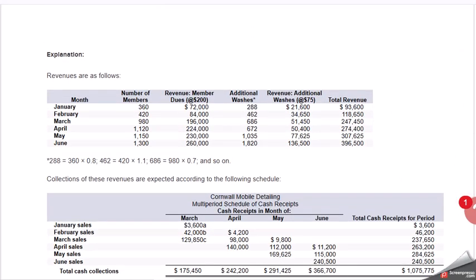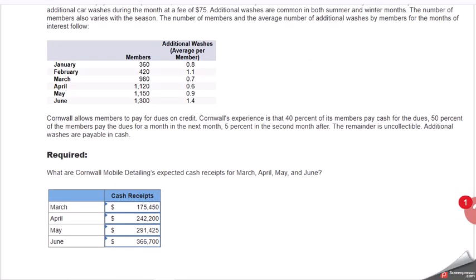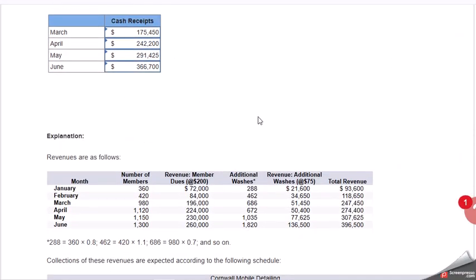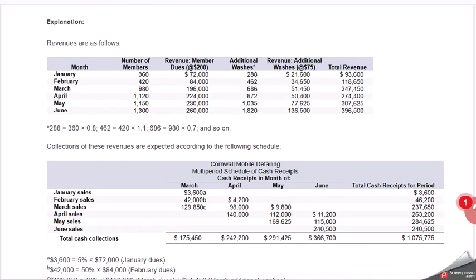So 360 times 0.8 gives us the 288. Then the same thing, 420 times 1.1 gives us that 462. So we calculate all of those, and then the revenue from the additional washes is going to be that times $75. So then our total revenue is our membership dues plus the additional washes.